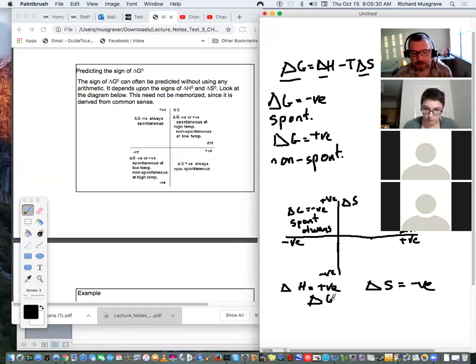I think you'll be pretty clear about what's going to happen in this case. We've got a positive value, and then we're subtracting T times a negative value. So what you can see here is it's positive minus a negative, and T is always positive. So we're subtracting a negative value. That means we're adding. So that means we're going to get positive all the time.